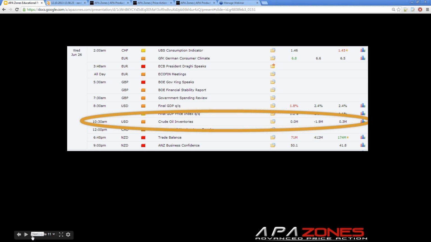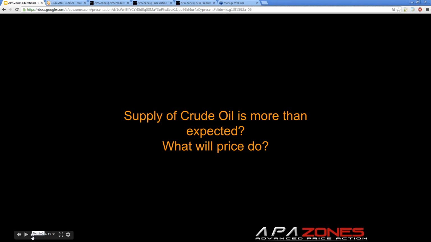So what do we expect to see happen here? Just out of curiosity, what would everybody say should happen with crude oil if they're expecting a minus in crude oil inventories, and it turns out that it was unchanged? Any ideas?